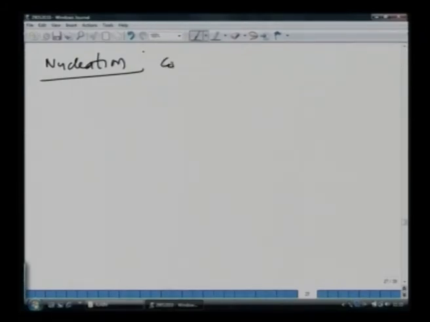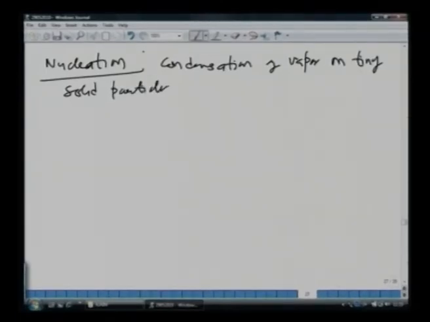It is basically the condensation of water vapor on tiny, that is very small, solid particles, which are also known as aerosols. Some of my atmospheric science friends call them aerosols or nuclei. That is called nucleation.